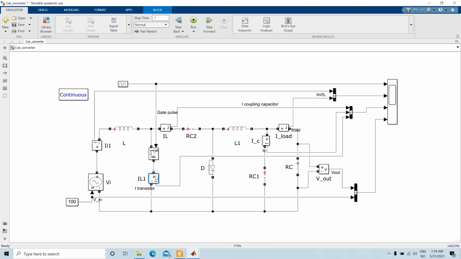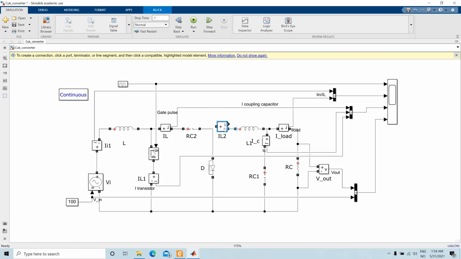For example, if you want to see what's the current flowing through this L1, you can copy this current sensor and then paste it here, and then add this current measurement like this. So you replace this and then you add it here, and then you can see the output.